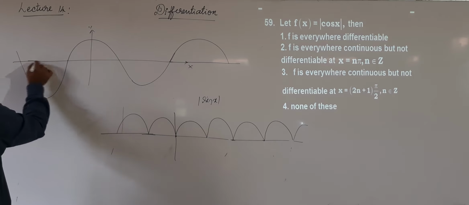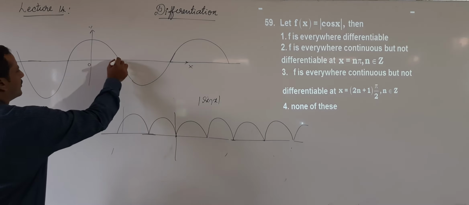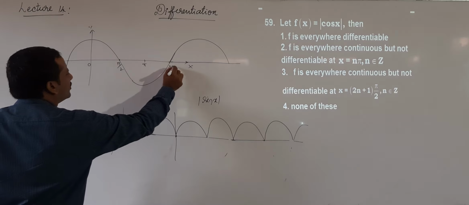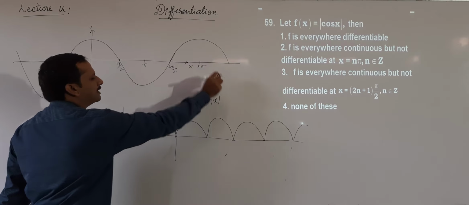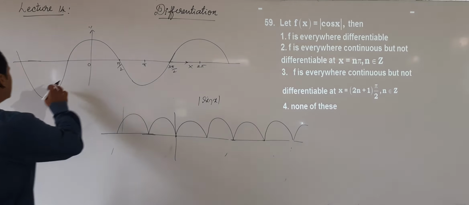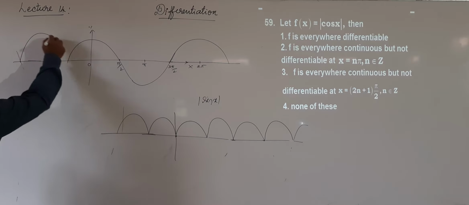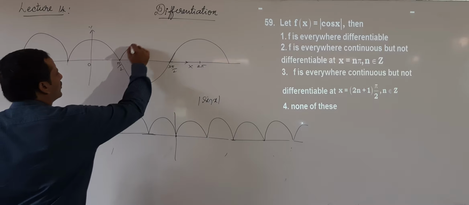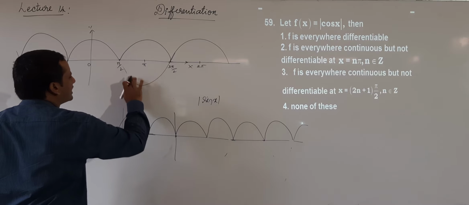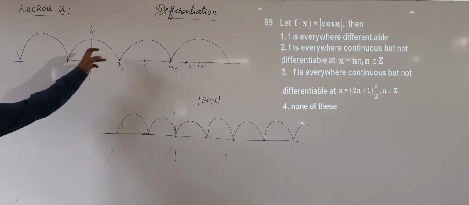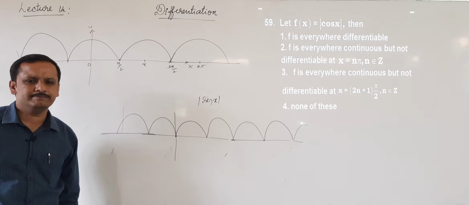It's like this. This is 0, pi by 2, pi, 3 pi by 2, 2 pi, etc. Take the image of the portion of the curve that lies below the x axis with respect to the x axis. This is the graph of mod cos x.